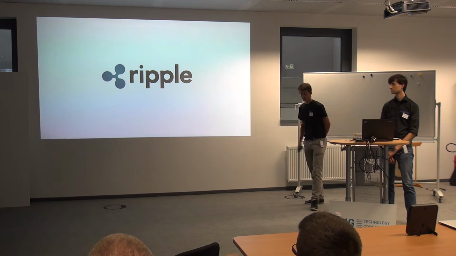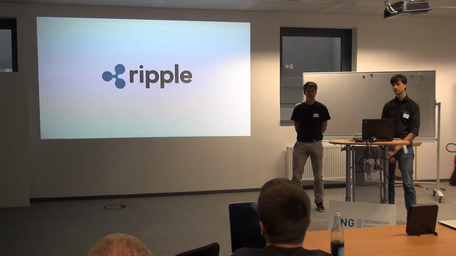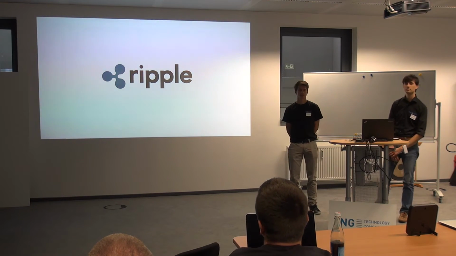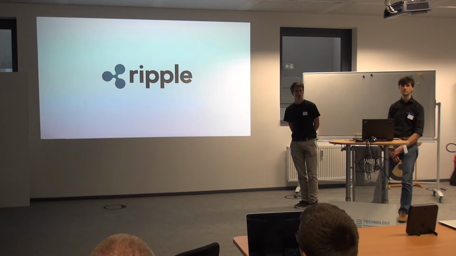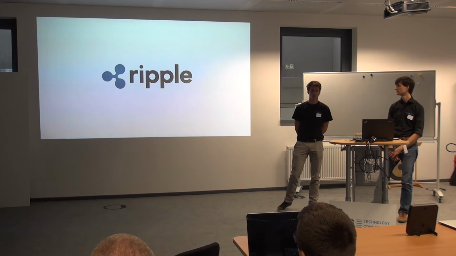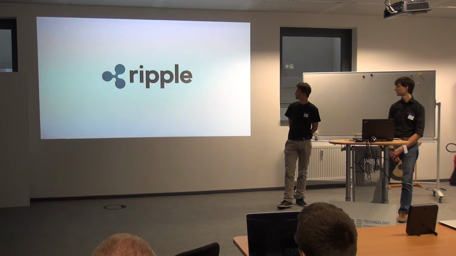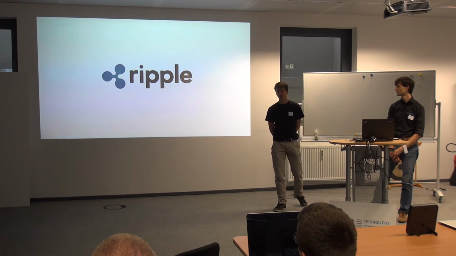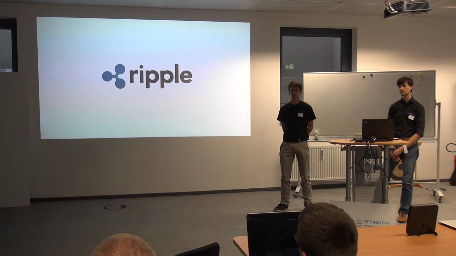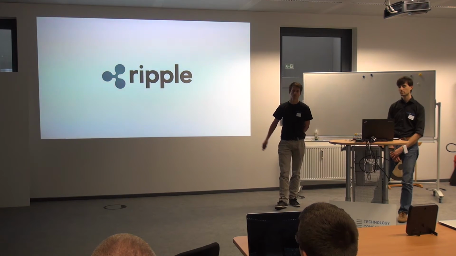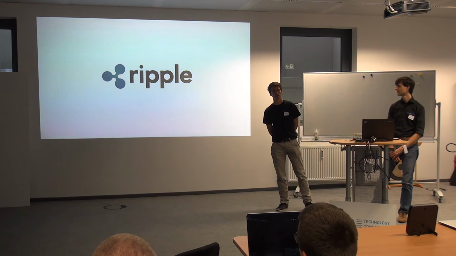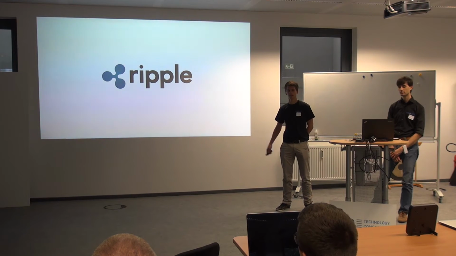Okay, so what is Ripple? Ripple is basically a decentralized monetary system and payment network. It's been developed since 2004 by Ripple Labs and the predecessors. It's the second largest cryptocurrency behind Bitcoin, and many say that it eventually will overtake Bitcoin because it has a lot of advantages.